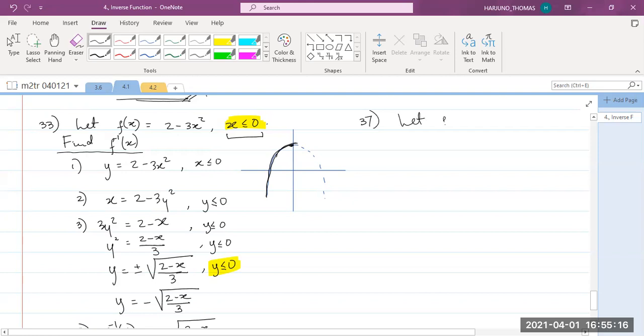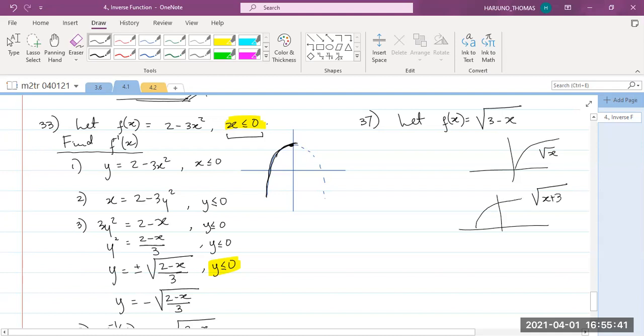Let f(x) equal the square root of 3 minus x. Now, we know this is a one-to-one function, right? Originally, square root of x, right? That's the square root of x, and then I replace x by x plus 3, so it becomes 3 units to the left.